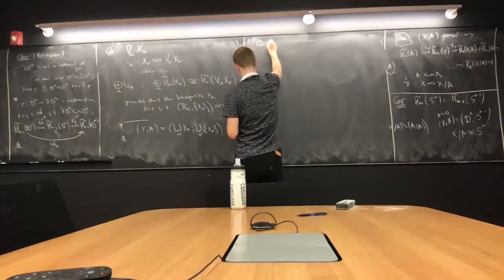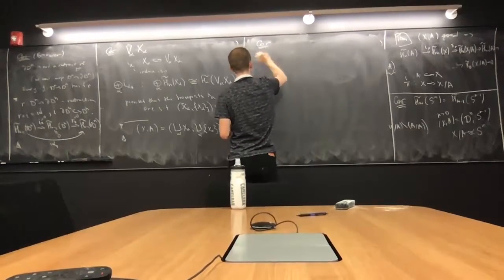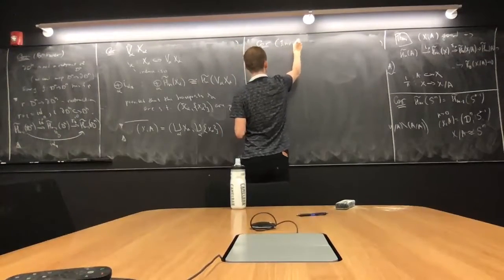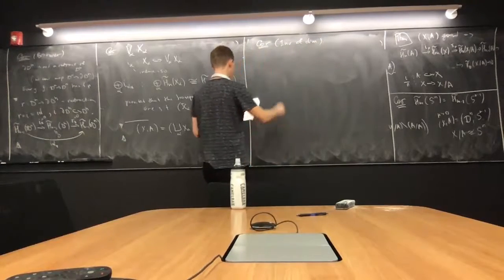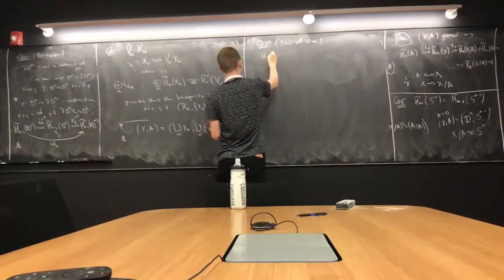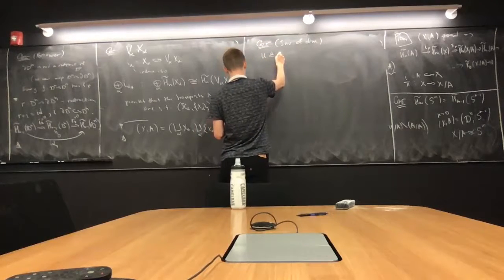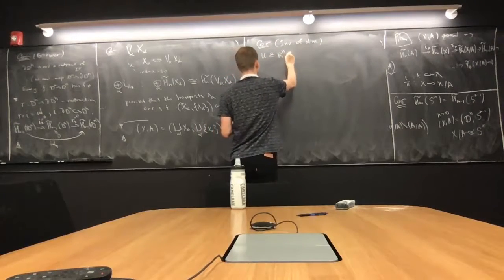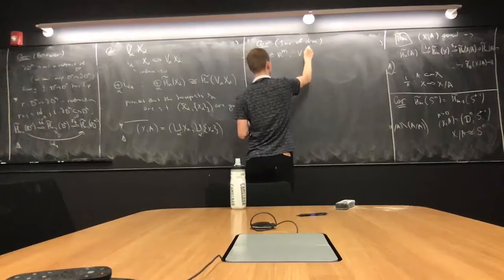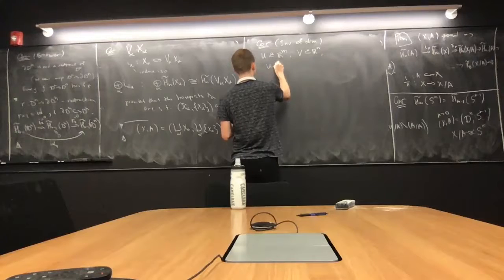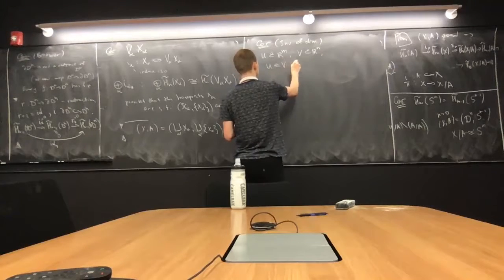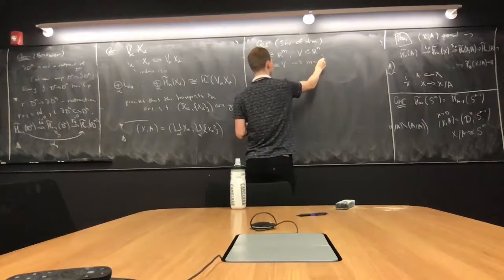Yet another corollary is called invariance of dimension. If you have two non-empty open sets, U in R^m and V in R^n, and they are homeomorphic, then m equals n.